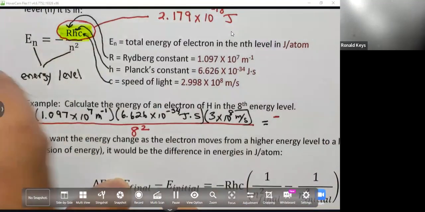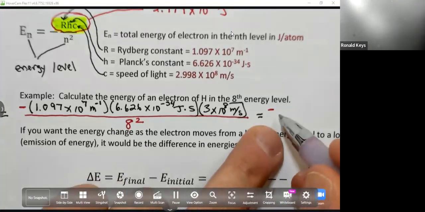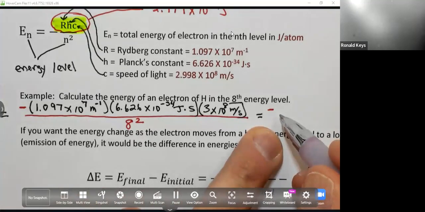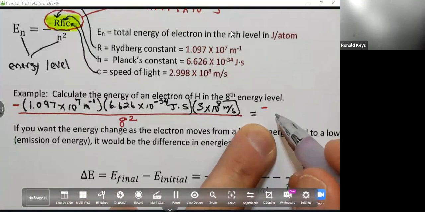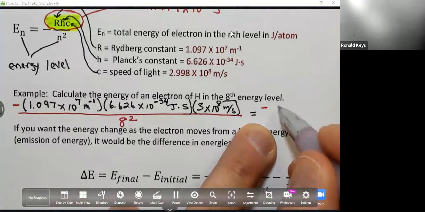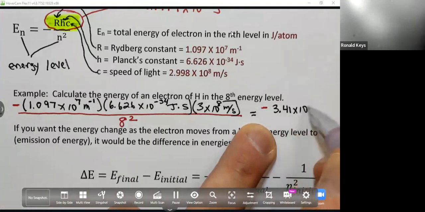I think we are going to get -3.41 times 10 to the -20 joules per atom.